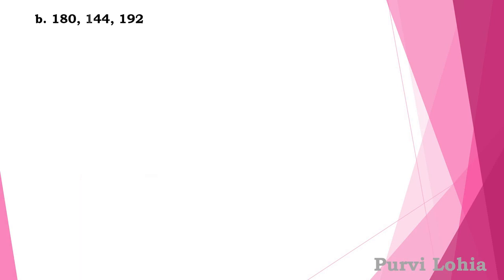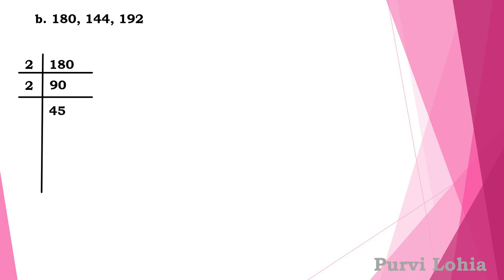180, 144, 192. So prime factorization of all the three numbers. So it will be divisible by 2 first. It will give 90. Again by 2, 45. Now the lowest prime number it is divisible by is 3. So it will give 15. And again 3, 5.